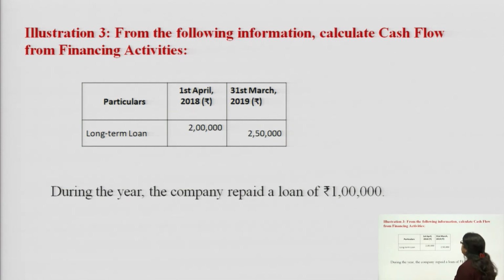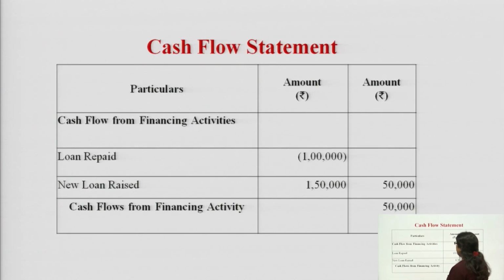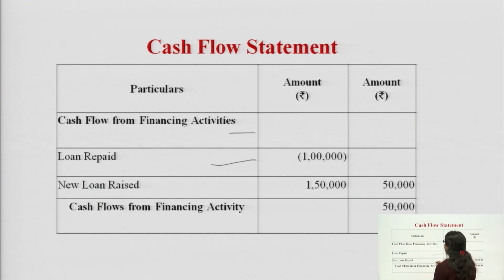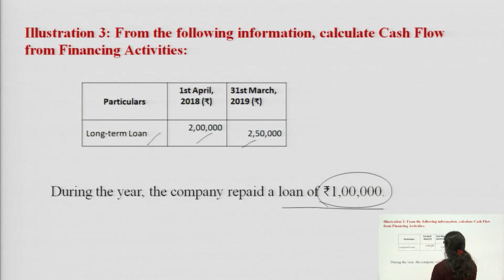From the following information, calculate the cash flow from the financing activities. See, the long term loan is given for 2 years, that is 2 lakh and 2,50,000 for 2018 and 2019 respectively. During the year, the company repaid a loan of rupees 1 lakh. Do it here only. Loan repayment was 1 lakh rupees. It is the repayment, we will transfer it here, and the new loan raised is 1,50,000.